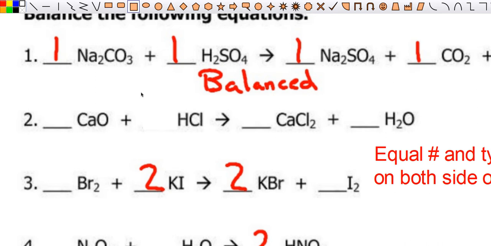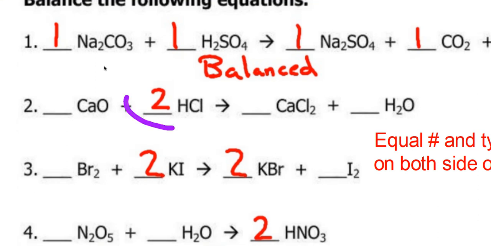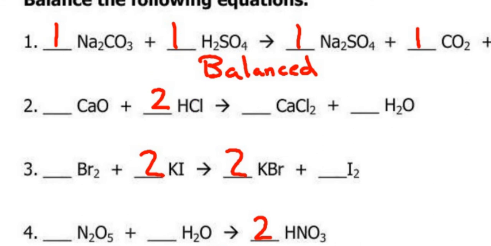So right now, before that number 2 was put in there, we had 1 calcium, 1 calcium, 1 oxygen, 1 oxygen, 1 hydrogen, and on the other side there were 2 hydrogens, which is why we wrote a 2 right there. When we put this 2 in front, like we did here, we put that 2 right there, that doubles the entire formula.